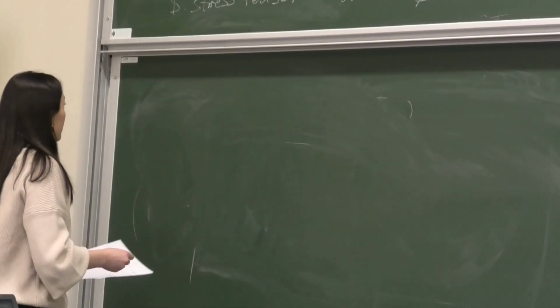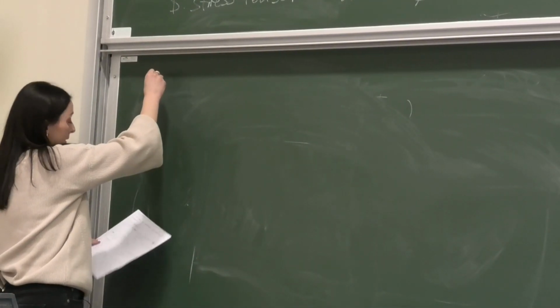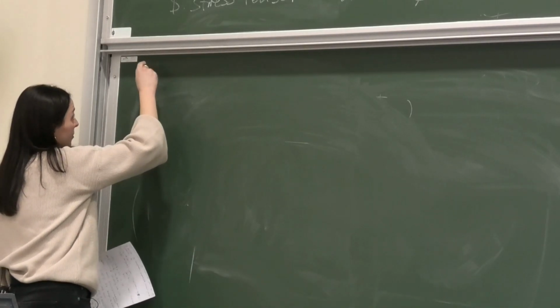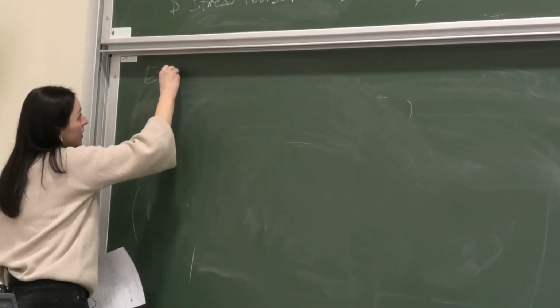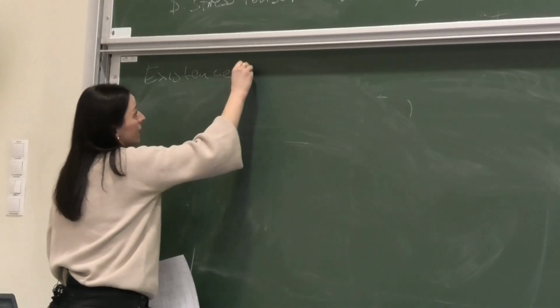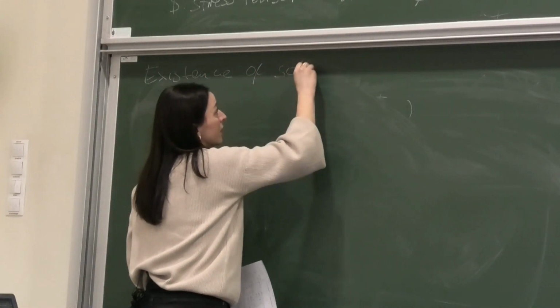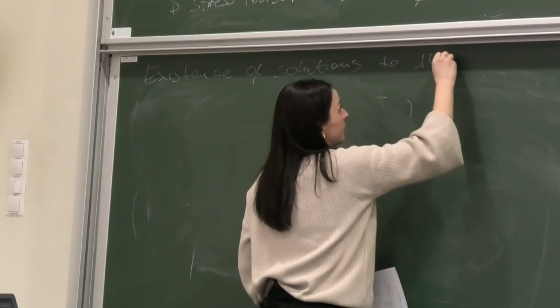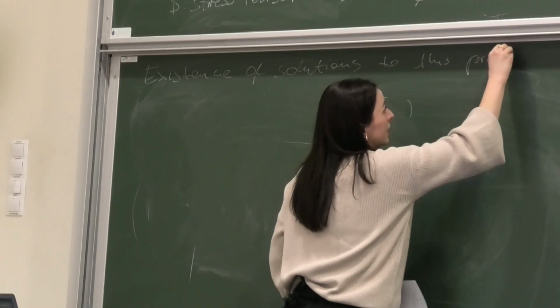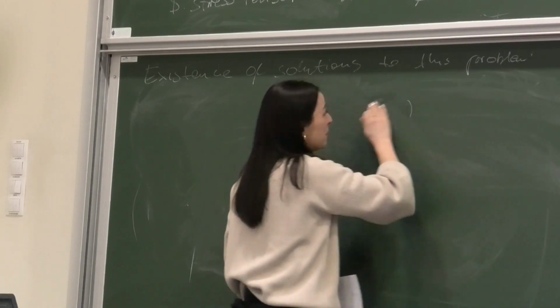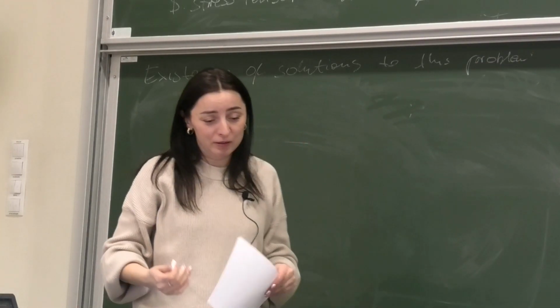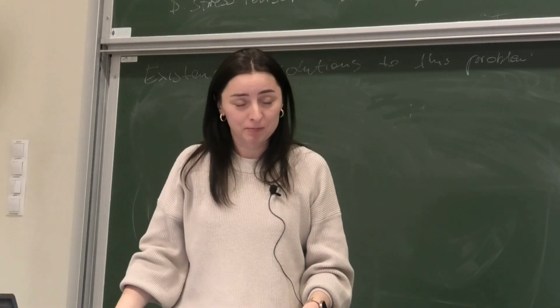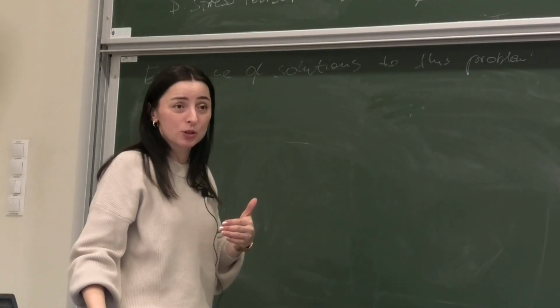So let me say a little bit about the existence of solutions to this problem. Well, I know this problem is not defined right now. I didn't prescribe initial condition yet.